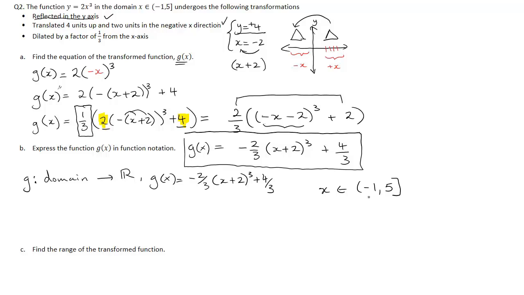So what that means is that these values, say a point at negative 1 and at 5, actually at negative 1 it was an open circle, and at 5 it was a closed circle. And so we've swapped them around because our value here has been reflected around the y-axis.